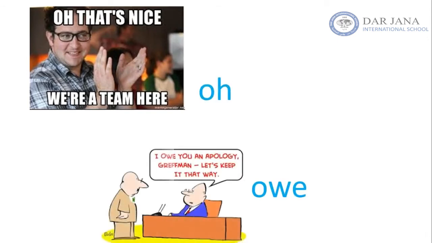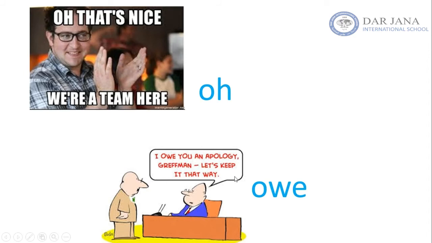Here we have O and owe. So for example, oh, that's nice. We're a team here. So here oh, we use it for exclamation to express our feelings. Owe here means I owe you an apology.